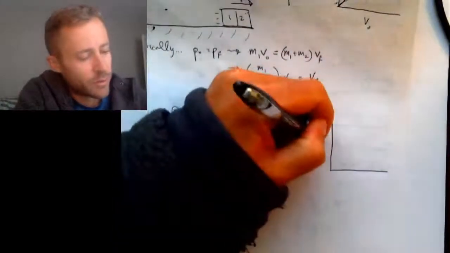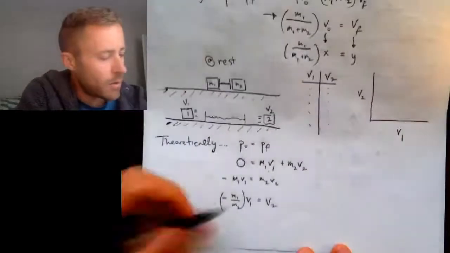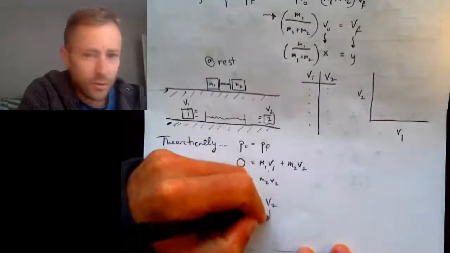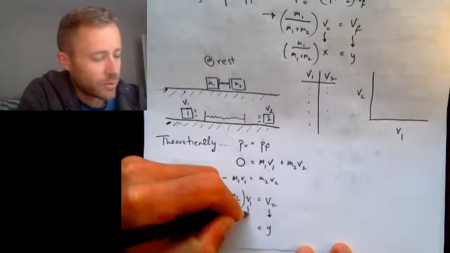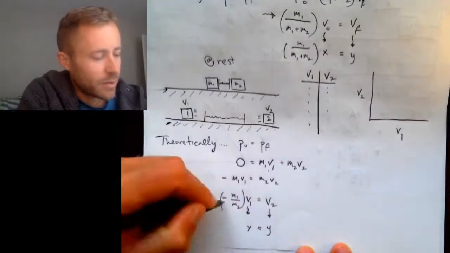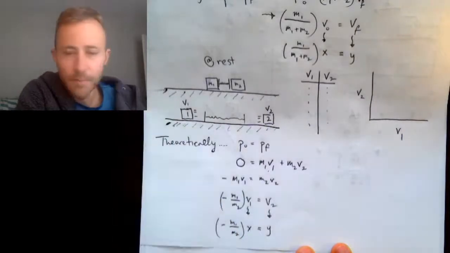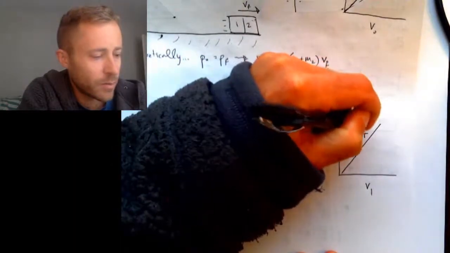So I'll put V2 on the vertical axis and V1 on the horizontal axis. V2 is on the vertical axis, so it is acting like Y. V1 is on the horizontal axis, so it is acting like X. And the thing that is multiplying X is minus M1 over M2. So I expect this data to be a straight line, and the slope of that straight line is minus M1 over M2.